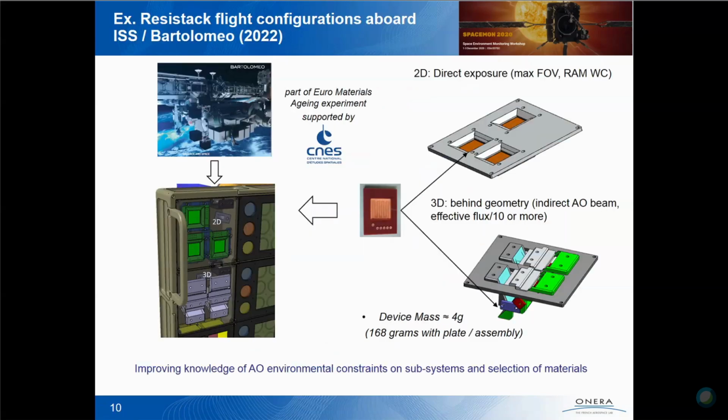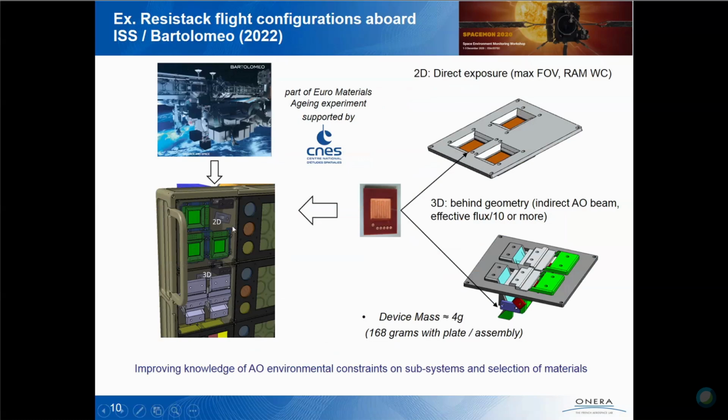This slide is about the project we have at the moment, because Resistec has been selected to be part of the Euro Material Ageing experiment developed by ESA and CNES. And we have the support of CNES to develop two experiments on the SESAM panel, which flies aboard the Bartolomeo module from 2022.